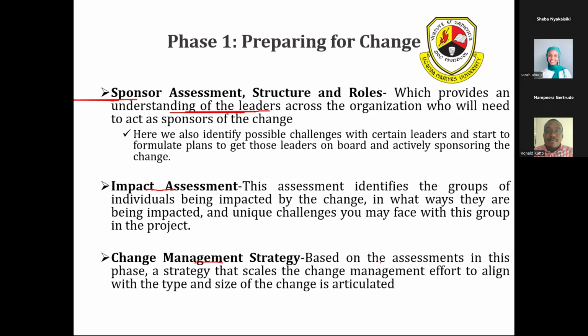The change management strategy. So here this stage is an assessment stage, and the objective is to align the change management efforts to the type of change, the size of change, and how well it is articulated.